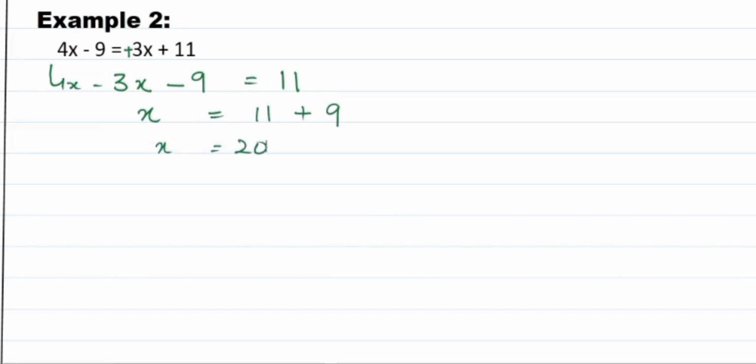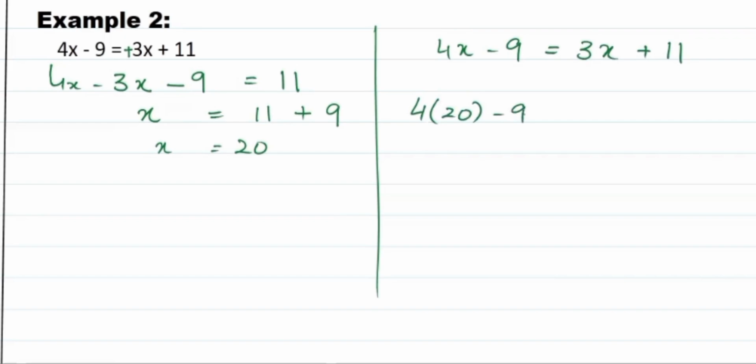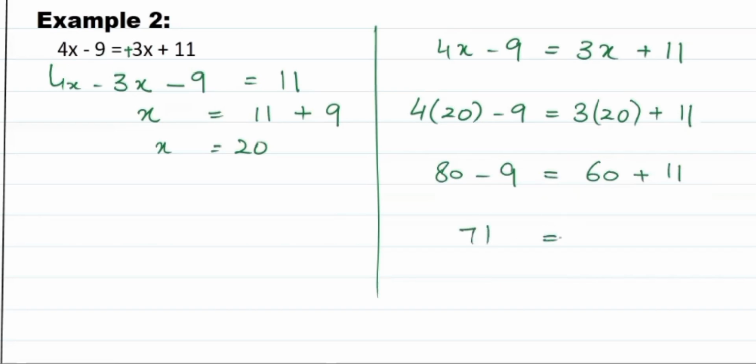Again, we are going to check the answer by substituting the value in the original equation. The original equation is 4x - 9 = 3x + 11. x is 20, so 4 times 20 minus 9 equals 3 times 20 plus 11. 4 times 20 is 80, minus 9, and this is 60 plus 11. 80 minus 9 is 71. 60 plus 11 is also 71.